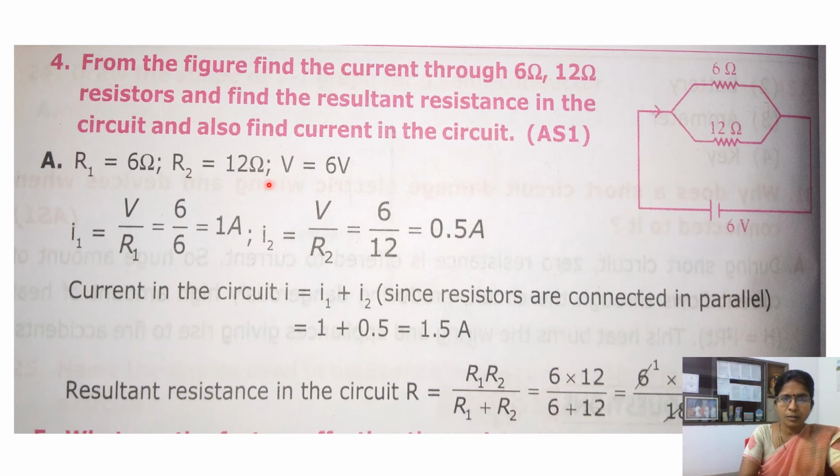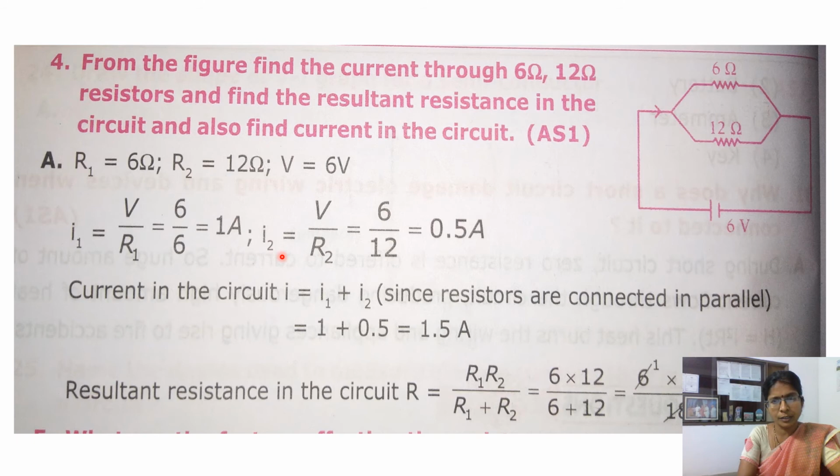We know from Ohm's law, V is equal to IR, and from that I is equal to V by R. So the current at the first resistor, I1, is equal to V by R1. Voltage is 6 volts and the first resistance is 6 ohms. So 6 by 6 is equal to 1 ampere, that is I1.